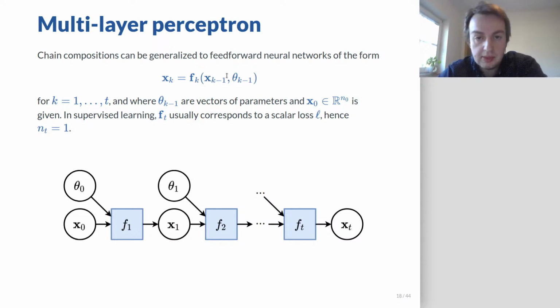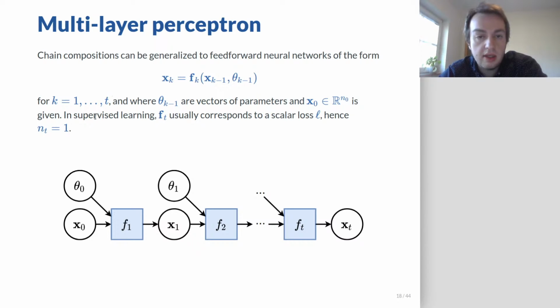The second argument is the parameters associated with fk, for k equal to 1 up to t. We denote by theta k minus 1, for example, all the parameters of these functions. X0 would be the input of our multi-layer perceptron, and it would be given.